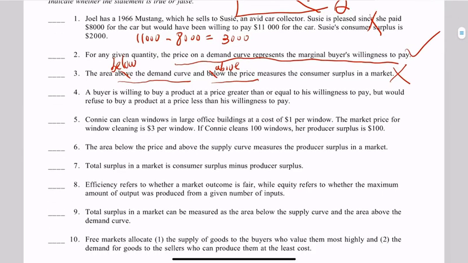Fourth problem. A buyer is willing to buy a product at a price higher than or equal to his willingness to pay, but would refuse to buy a product at a price less than his willingness to pay. I mean, this is obviously false, right? Because essentially willingness to pay is the buyer's highest possible price this buyer could offer.